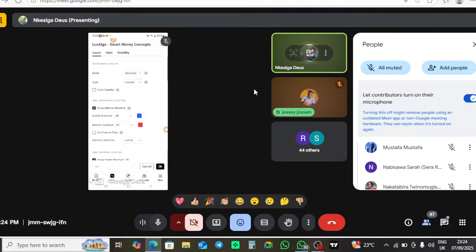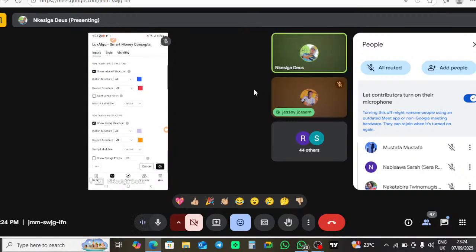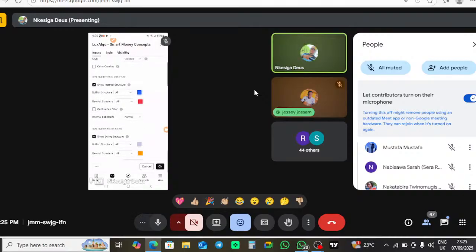So the settings that we need to focus at are here. The colors are important, but if you don't know how to identify them, they will not be important to you. So you must put color and you know what it represents. If you choose blue like here, you must read this word, it is showing bullish.